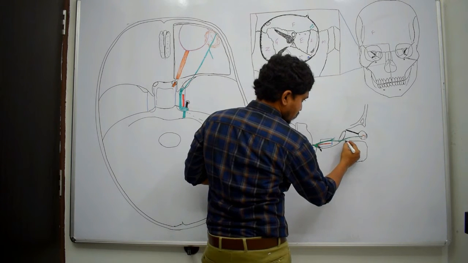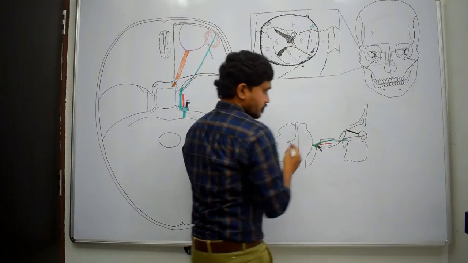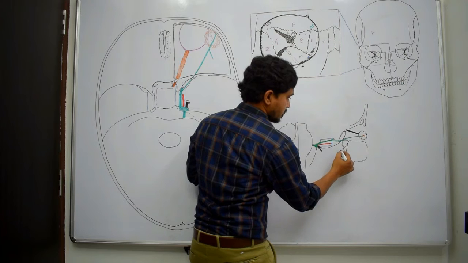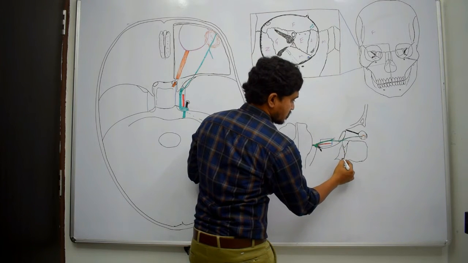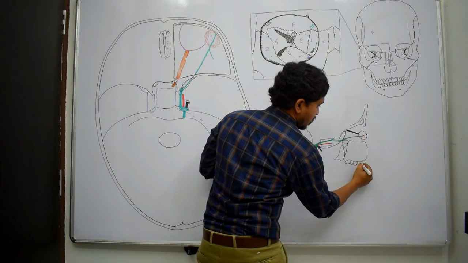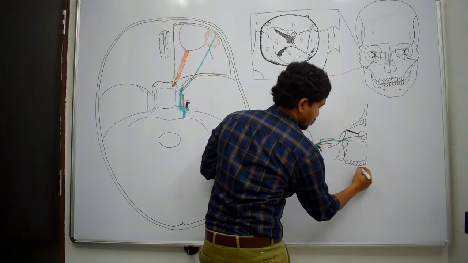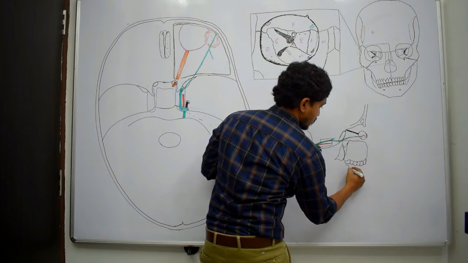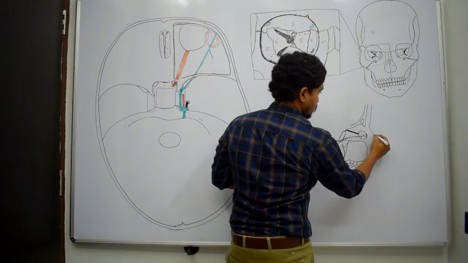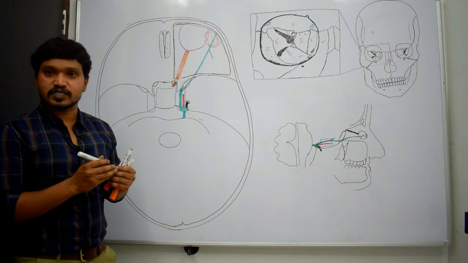This fossa we call the pterygopalatine fossa. Here you can find the pterygoid plate. This is the pterygoid hamulus. Actually this is the alveolar process, superior alveolar process. And here the inferior alveolar process is also present. This is how the structure will be.